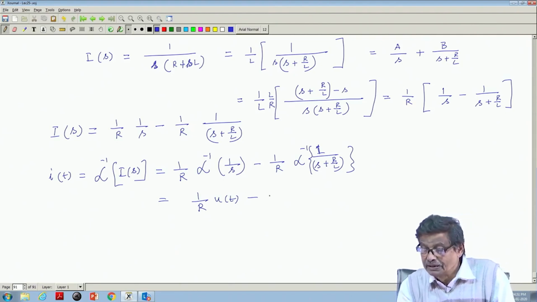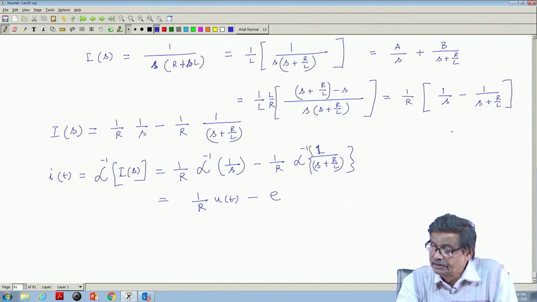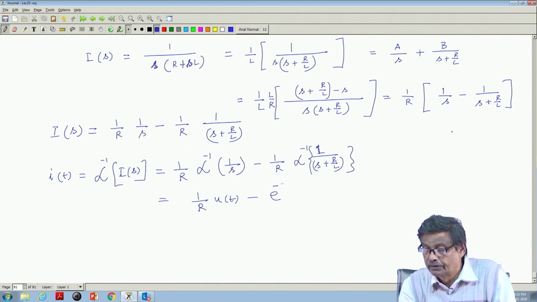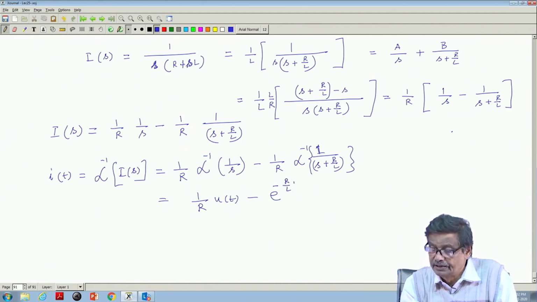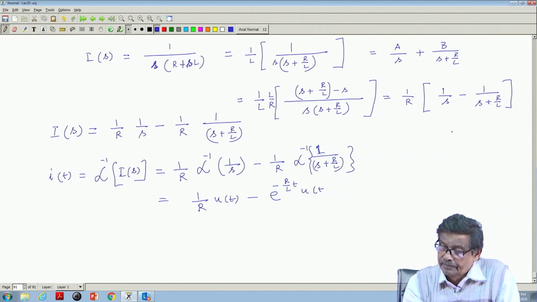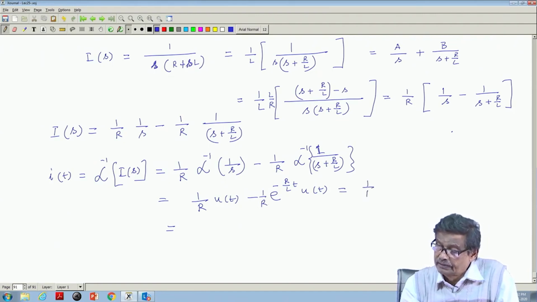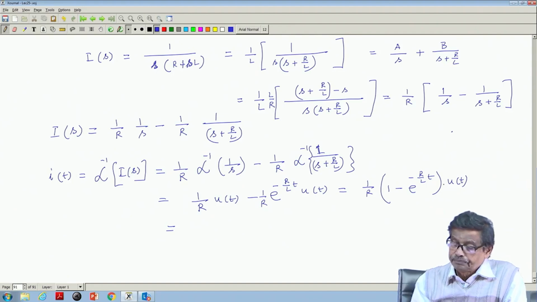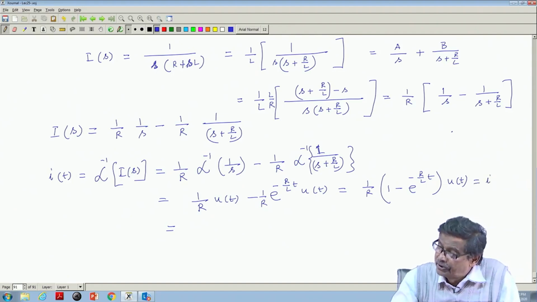It is nothing but e to the power, this is the value of a, so e to the power minus R by L into t into u(t), and by 1 by R. So, the result will be 1 by R into 1 minus e to the power minus R by L into t, into u(t), and that is equal to your i(t).